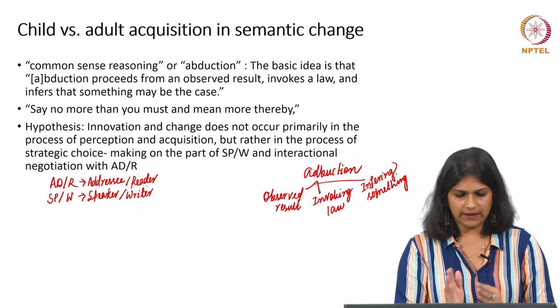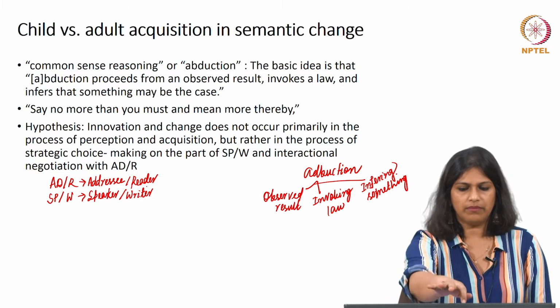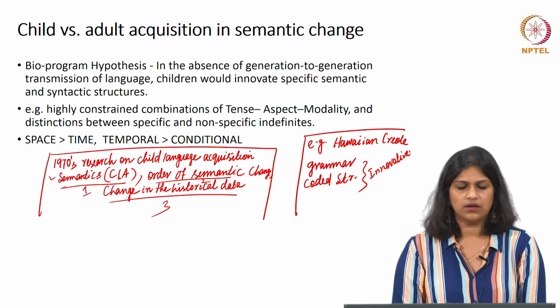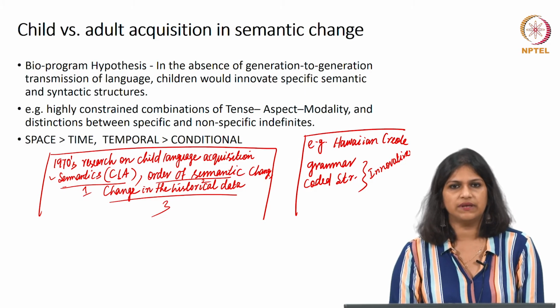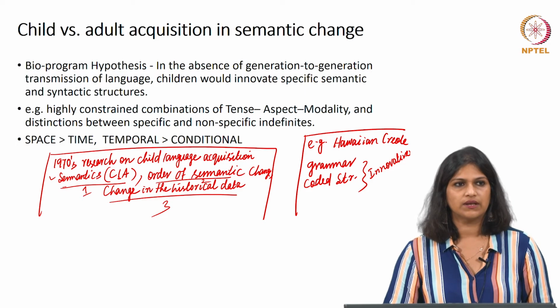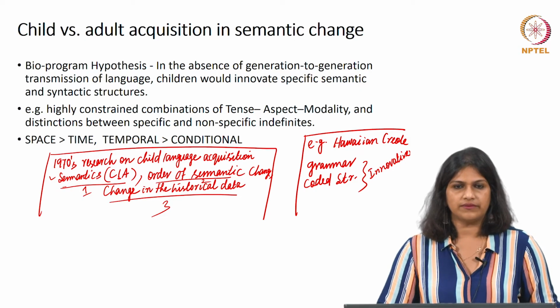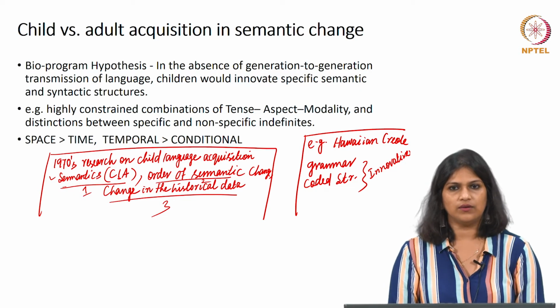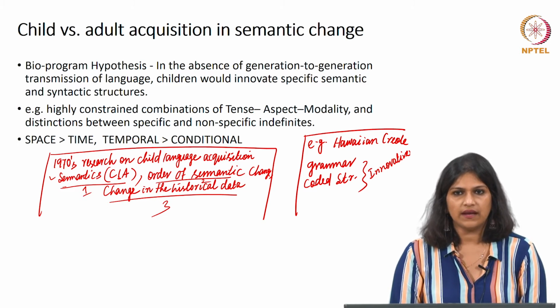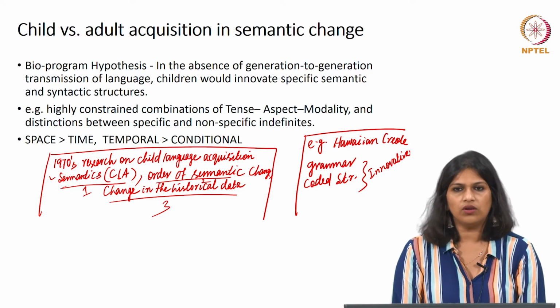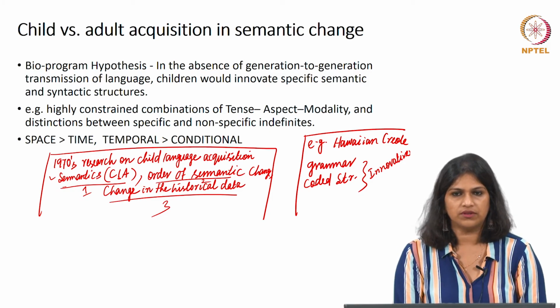Okay. I think I have to rephrase what I was talking about a while ago. The bioprogram hypothesis has been hugely criticized by a lot of researchers, and one of the primary reasons for the criticism is that it emphasizes a lot on the innovativeness of the adult.